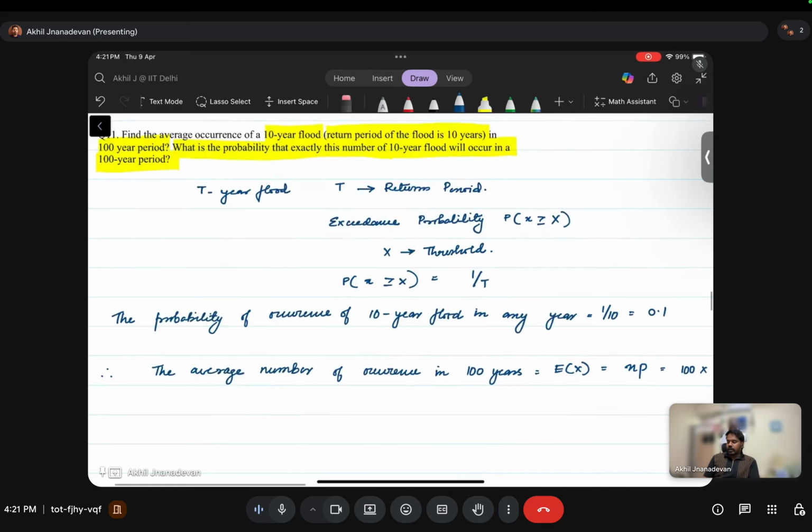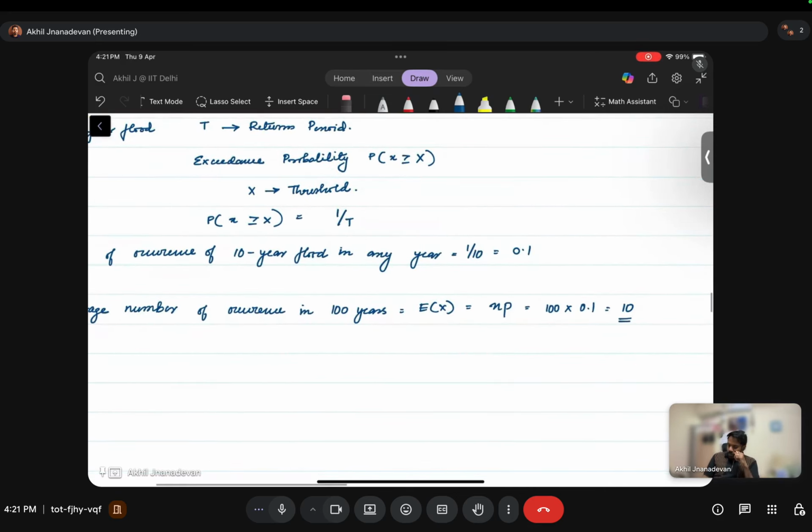Otherwise, you can find it in this way also. The average is given by the expectation of X, the probability is 0.1, and n is 100, right? So if it was 1000 years, it will be 1000 into p, it will be 100 times.